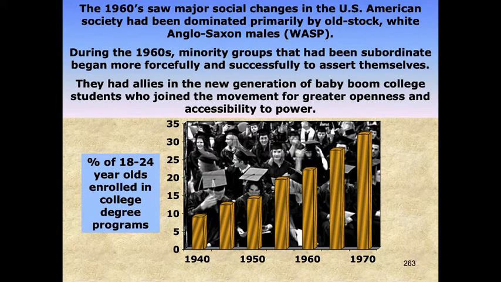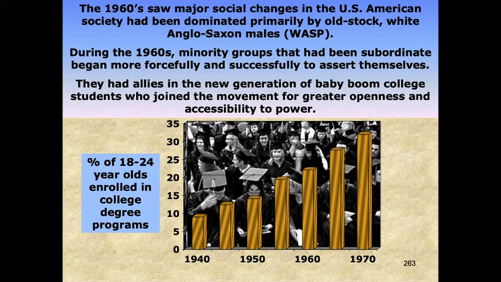Okay, so going back a little bit with historical context. Remember, baby boom, lots of kids. Kids from the baby boom are now teenagers, a vast majority of them. So in the 60s, what we're going to start to see is major social changes, because we're not really seeing society being completely dominated by white Anglo-Saxon Protestant males anymore.